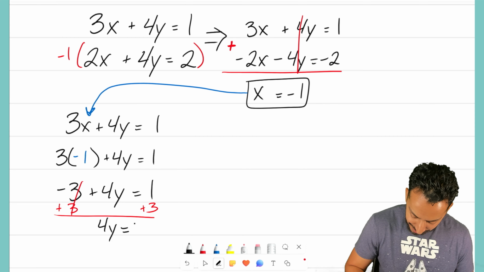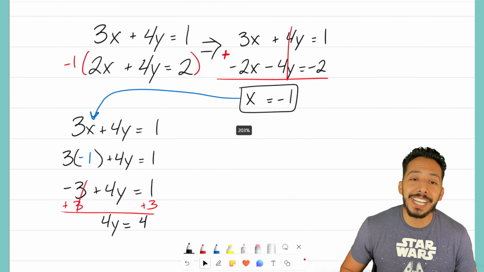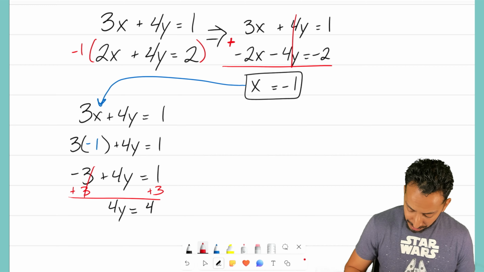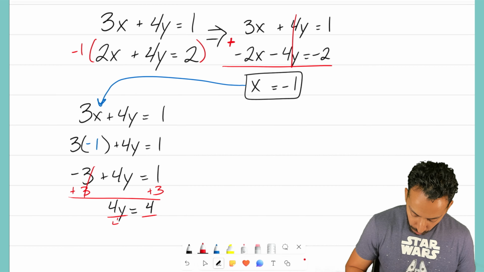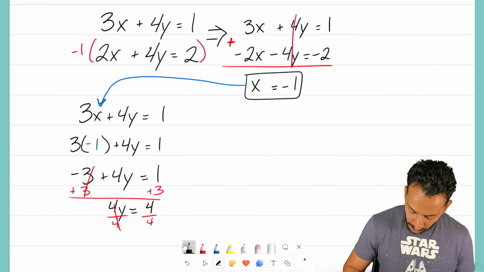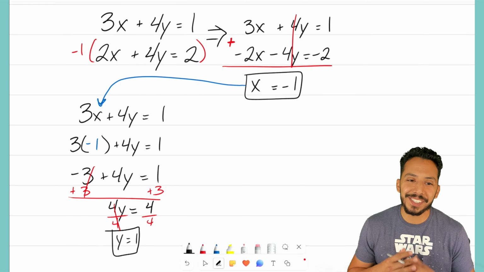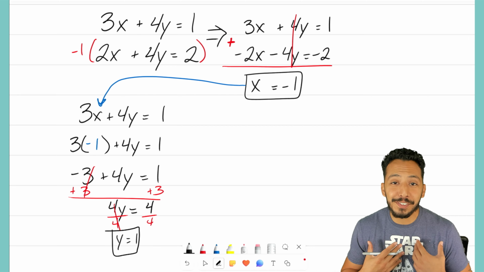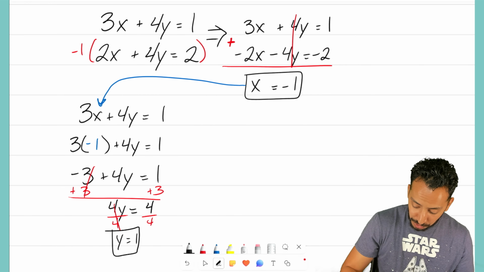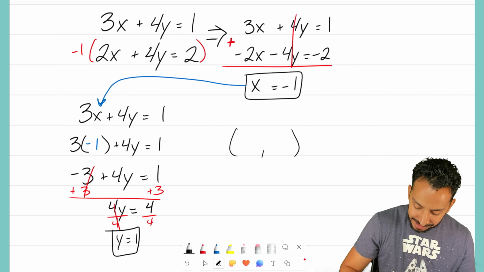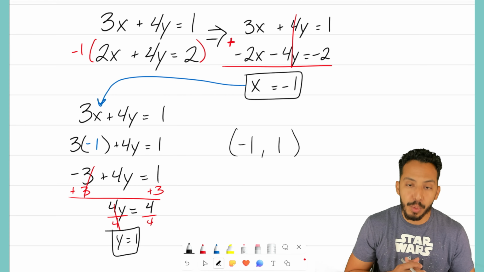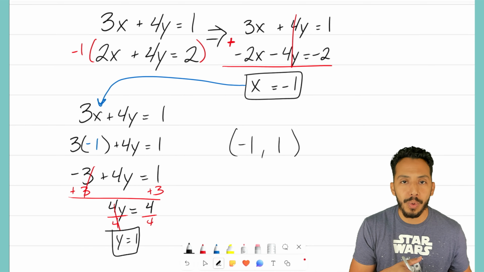Let me switch this back. And last but not least, as I zoom out and scoot up, I want y by itself. We'll divide both sides by 4, so y equals 1. We have solved for y after we figured out what x equaled. That means these two lines intersect at the point -1, 1.